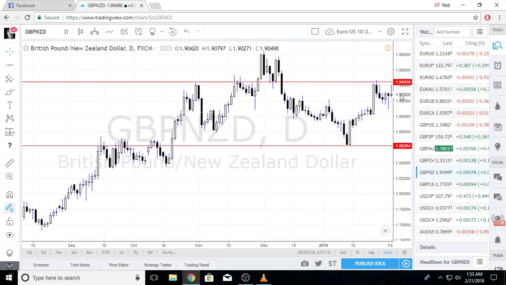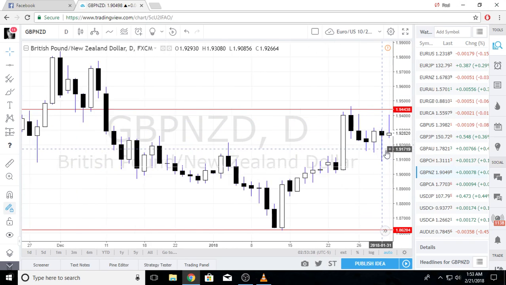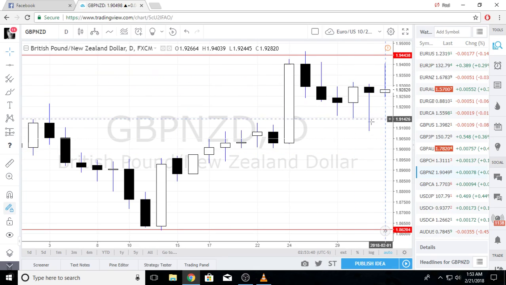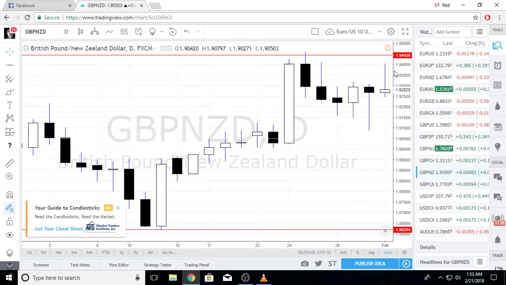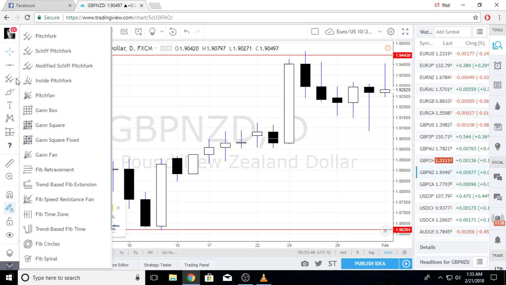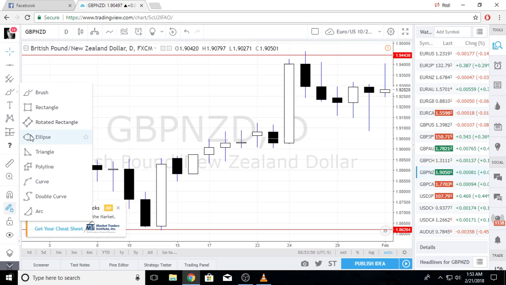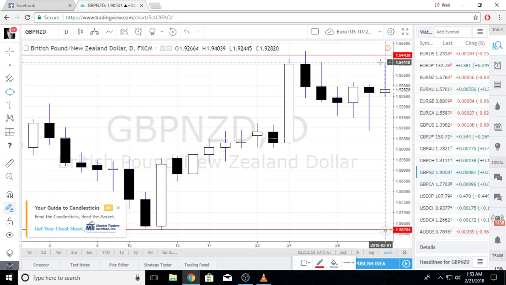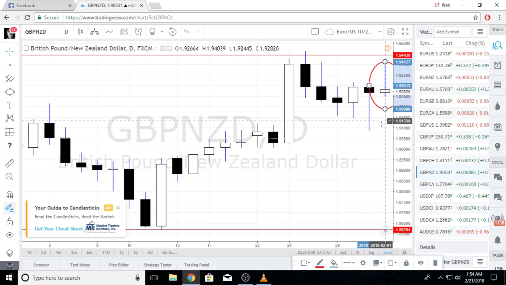I look for these right here. You see, if I can zoom in, this right here is a pin bar. Let me circle it if I can. Here we go.